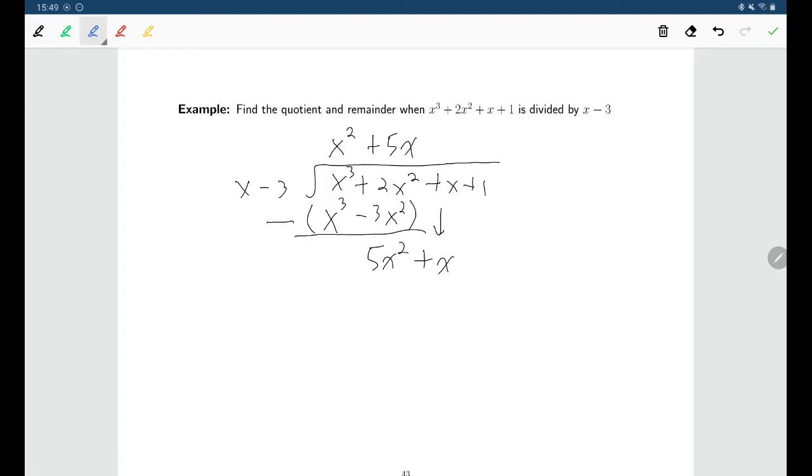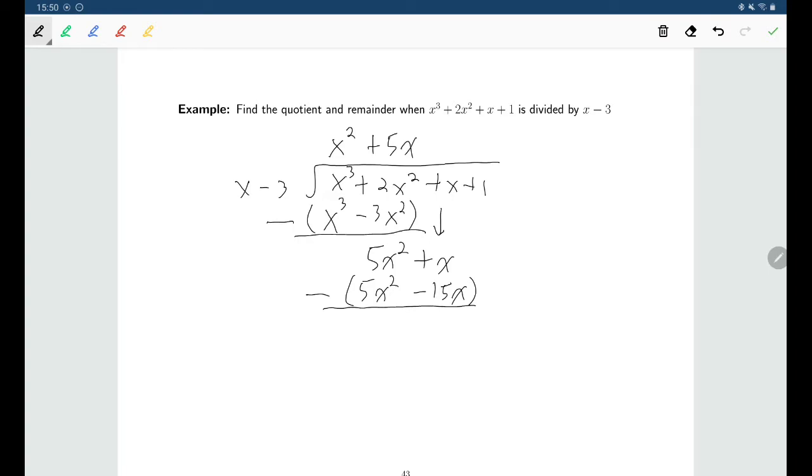We'll then multiply 5x times x minus 3. We multiply those together. That gives me 5x times x, or 5x squared. We have 5x times negative 3, that's negative 15x. And then now we will subtract. I always put brackets around these things again because I want to be cautious.